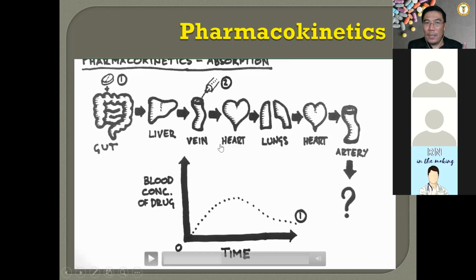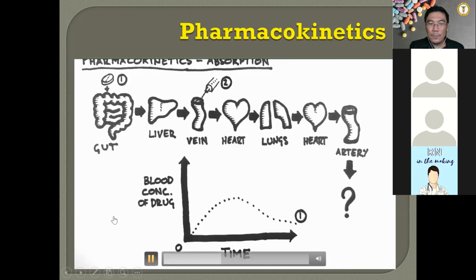Unlike if the drug is given intravenously, so it's within the vein, it may not anymore go back to the liver and the gut for the process of first-pass effect. So as a concept, all oral drugs that pass through the gut will undergo the process of first-pass effect of the liver. Once it is given in the vein, the shorter the time for the drug to have its effect.